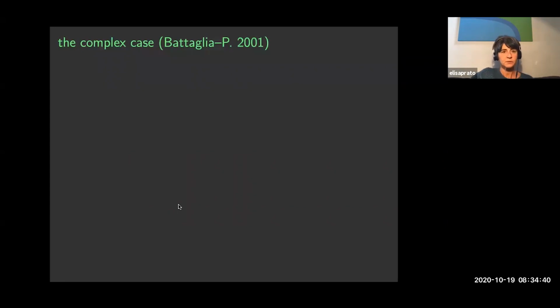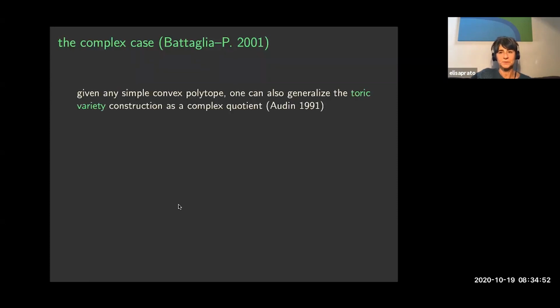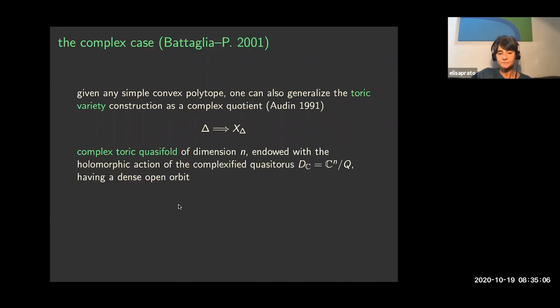Now I just wanted to give a little bit of history of toric quasifolds in general. In joint work with Fiametta, she will be discussing this in the second talk. We considered the complex setup, so we constructed the general toric variety as a complex quotient, and we obtained the complex toric quasifold of dimension n with the holomorphic action of a quasitorus, which is the complexified one.